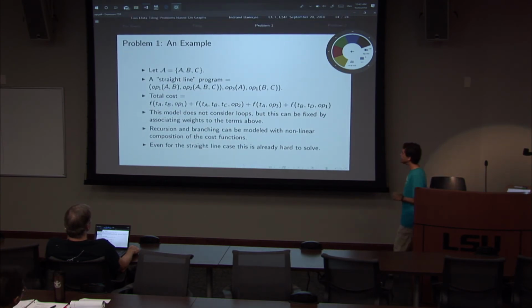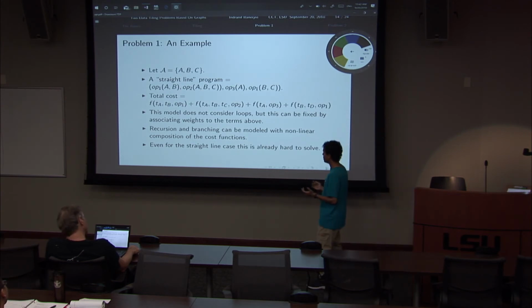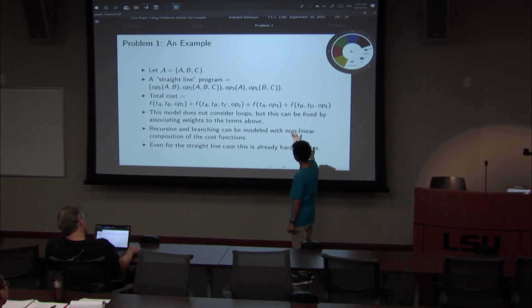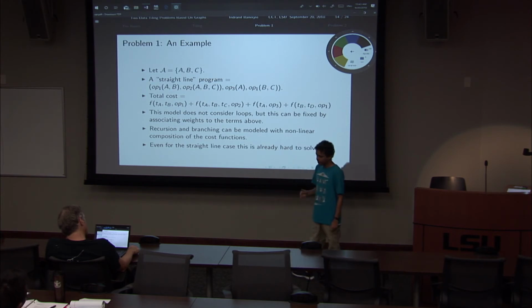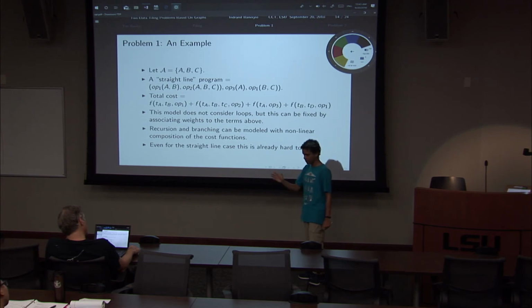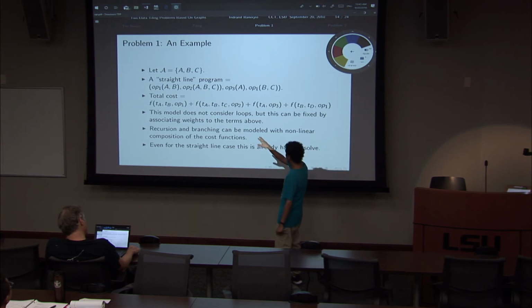Okay, so here's an example. So I have 3 matrices, A, B, and C. And consider a straight line program. I am abusing the term straight line programs. It has a different meaning. But for now, it basically means a program that doesn't branch or have recursions and stuff like that. It just follows a straight line. So you have 4 operations here.